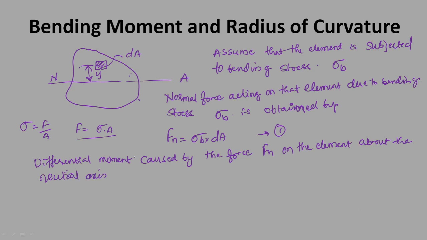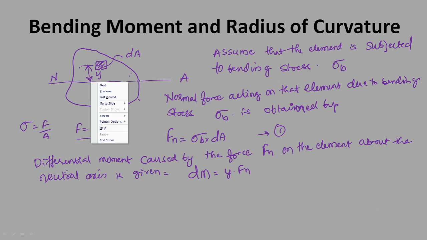Let us take this small element, a differential dM equal to y into Fn. Now look out. You are finding out the bending moment at this location. What is the distance here? Distance is y. What is the force acting on this element? The force is Fn. Now y into Fn will give the bending moment. Okay, so now let us substitute.